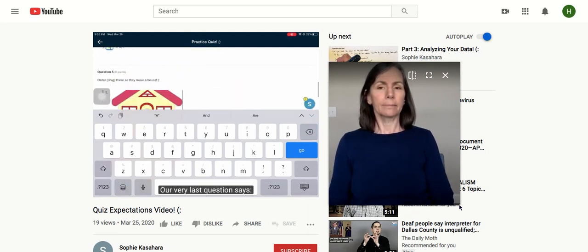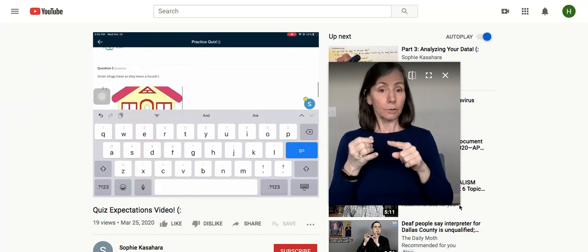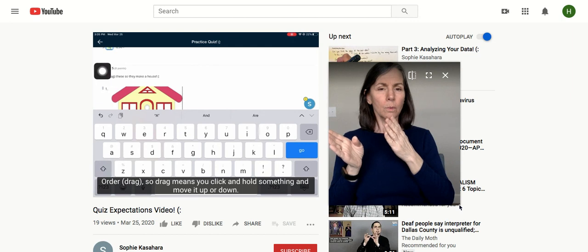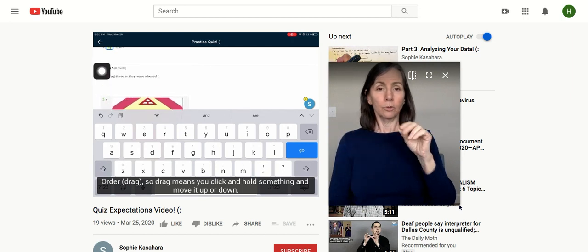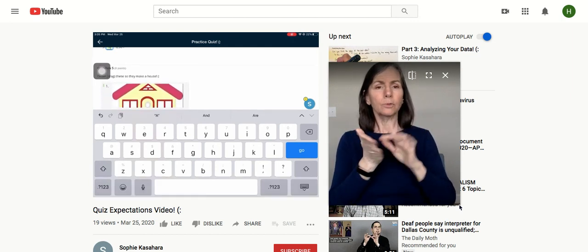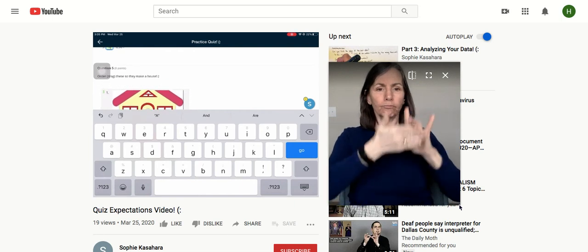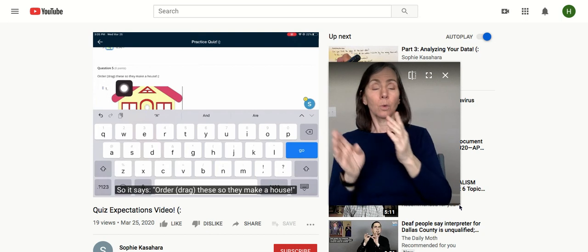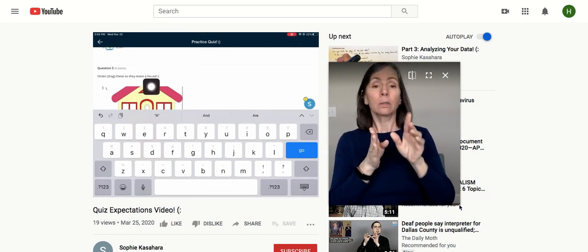Our very last question says, order, drag. So drag means you click and hold something and move it up or down. So it says order, drag these so they make a house.